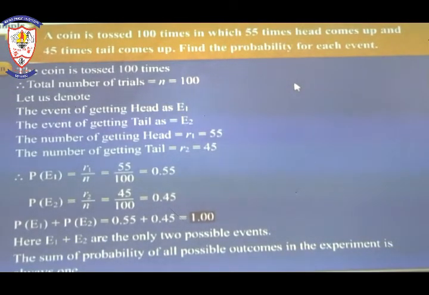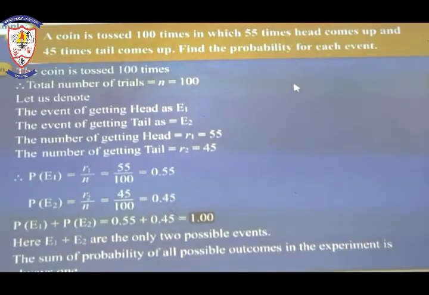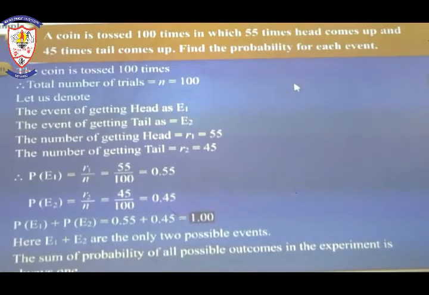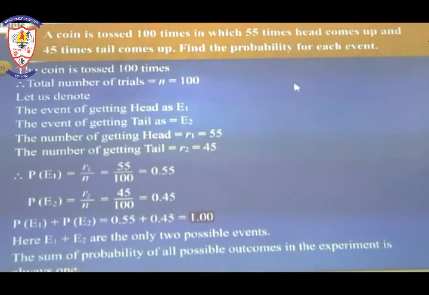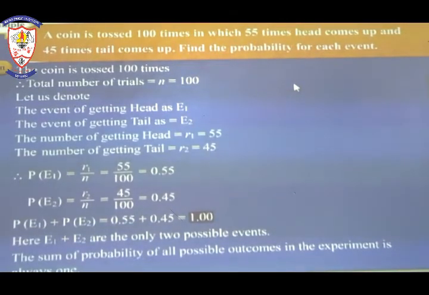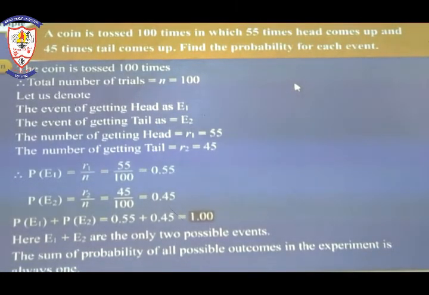So, the probability of the event of getting head is equal to r1 upon n, which is equal to 55 by 100. When we divide 55 by 100, it is equal to 0.55. Again, the probability of getting tail is equal to r2 upon n, which is equal to 45 by 100, which is equal to 0.45.